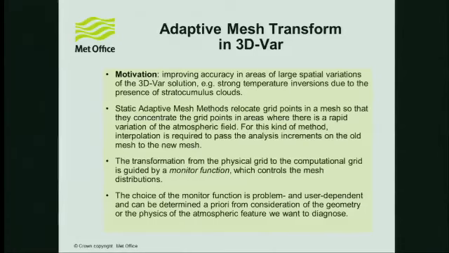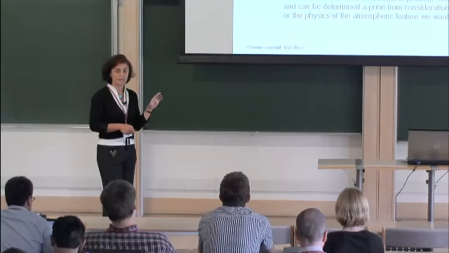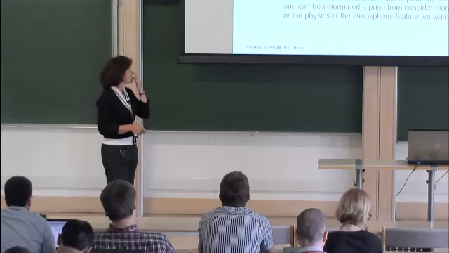So our customers were really pushing for a better structure of the boundary layer, and they kept complaining about this problem, which was related to the background error correlation in the assimilation procedure.